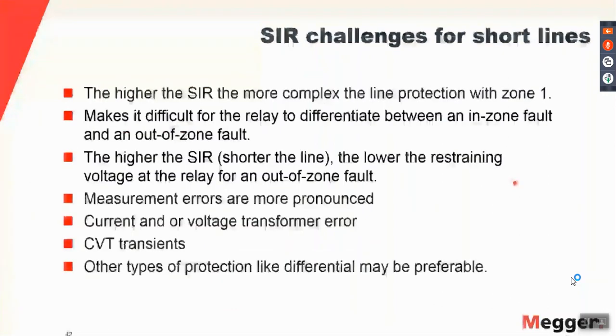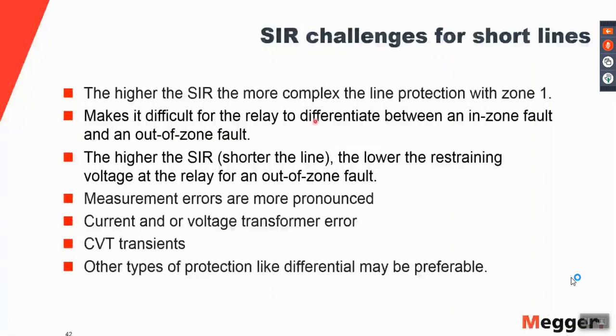So the problem that we were talking about for short lines is that the higher the SIR, the more complex the line protection is going to be with zone 1. Because the higher the SIR, the faster the voltage is going to collapse. So it's going to make it very difficult for the relay to differentiate between faults that are actually in the zone or out of the zone.